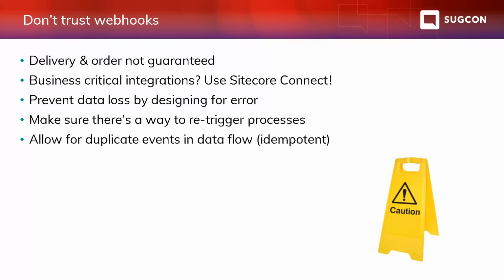And make sure to always allow for retriggering processes, which also means that you can have duplicate events. Like if there's a workflow and it fails at some point and you start it over, you might go over some code that initially created an item in Sitecore, for example, and you want to check and then update the item instead of creating another one.